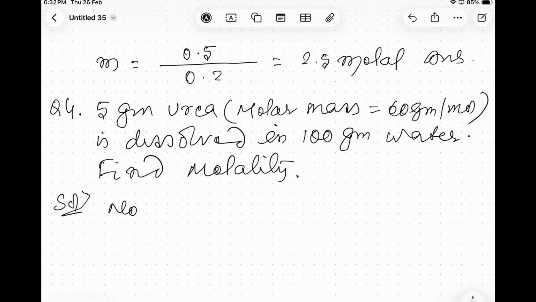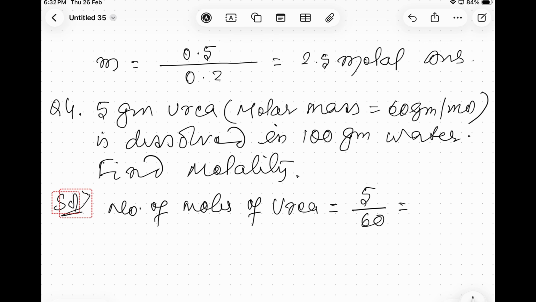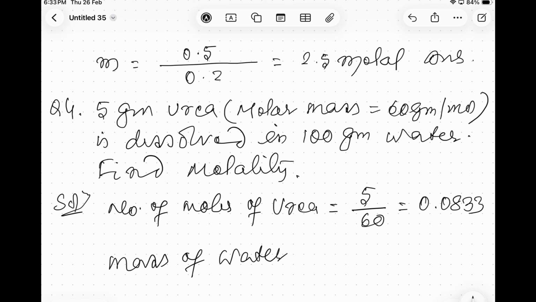So number of moles of urea, that is solute, is equal to 5 by 60, and the answer should be 0.0833. Mass of water in kilogram should be equal to 100 by 1000.